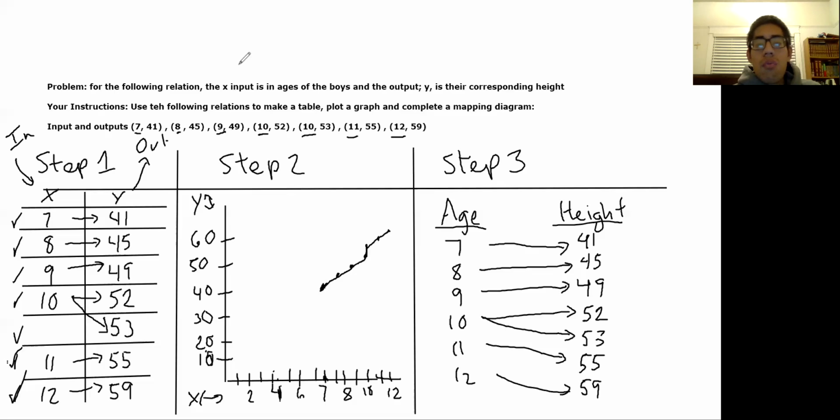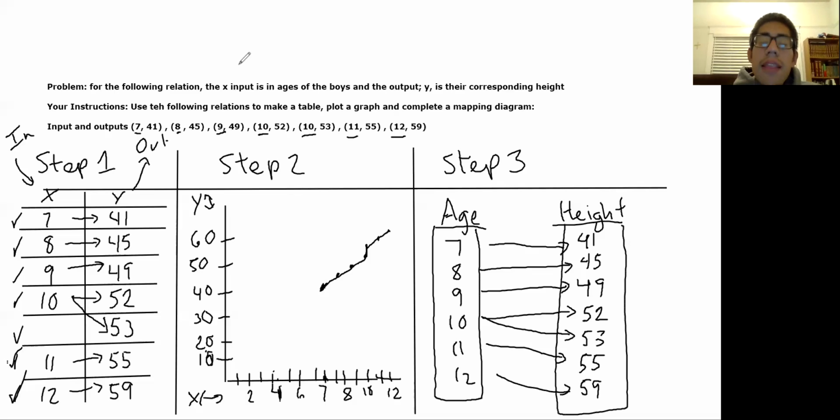So what's going on, right? Here, for step 3, we're going to fill out what we call a mapping diagram, right? It's basically what I did in step 1, but step 3 is going to be organized in itself. You're going to see it and they're going to have things like this, and they're going to want you to draw arrows between them, right?